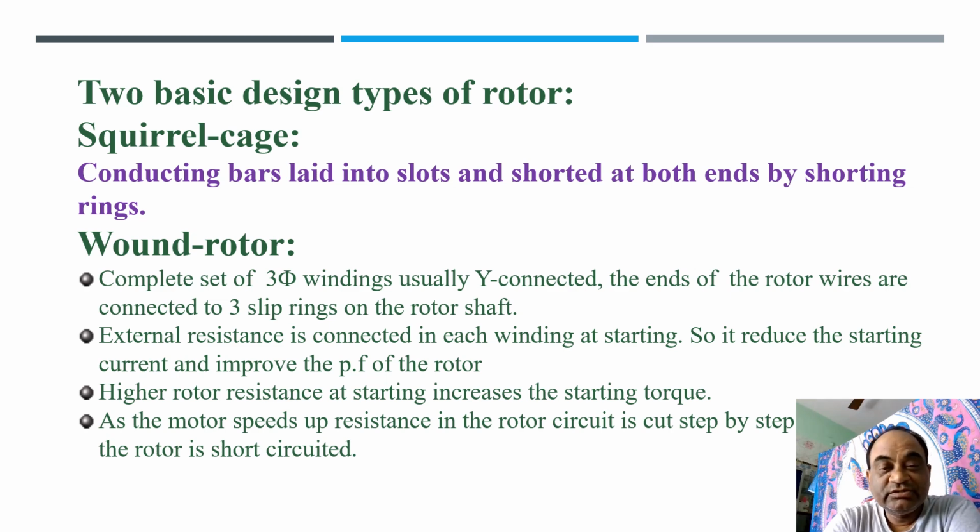Higher rotor resistance at the starting increases the starting torque. As the motor speeds up, the resistance in the rotor circuit gets cut step by step. The rotor is short circuited so that it runs at the highest speed and delivers the load torque.